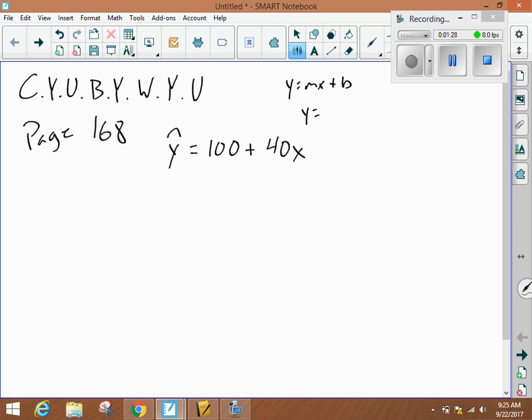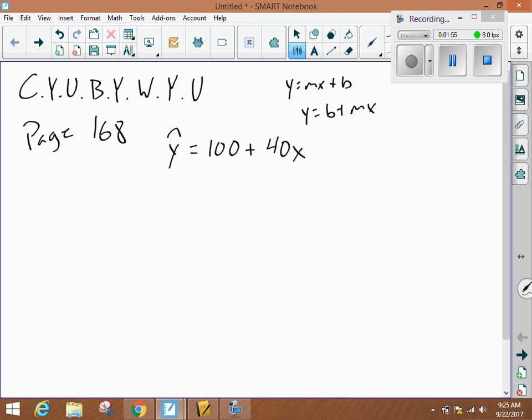I could also call that b plus mx, couldn't I? It doesn't seem like something I need to say, but it is. It's something that needs to be said. Just remember, the coefficient of your variable is going to be your slope.